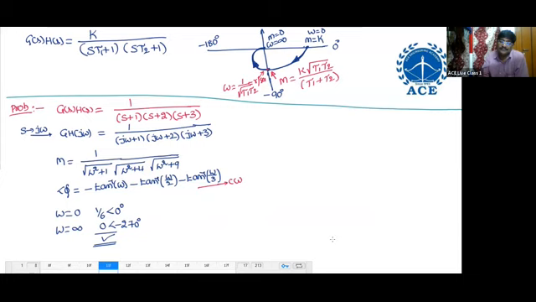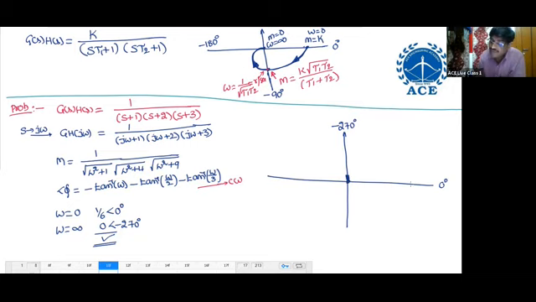Come on, draw the plot. Where does it start? At 0 degrees. Where does it end? At minus 270 degrees. Starting point is 1 by 6 at omega 0.